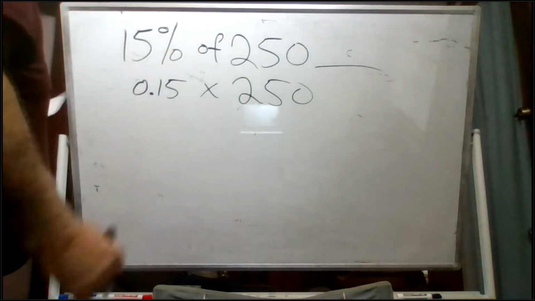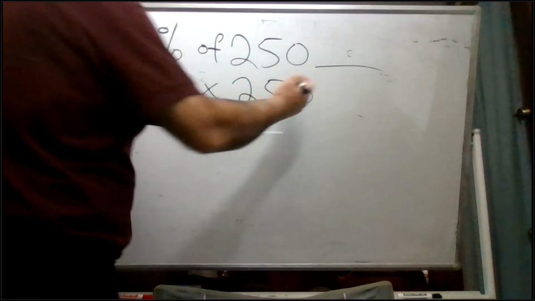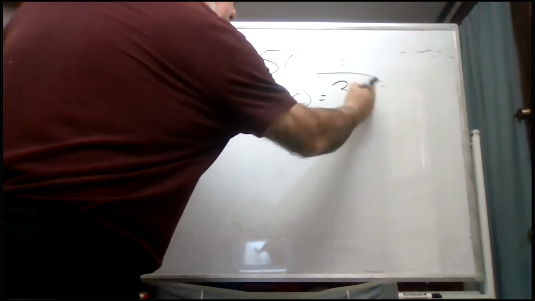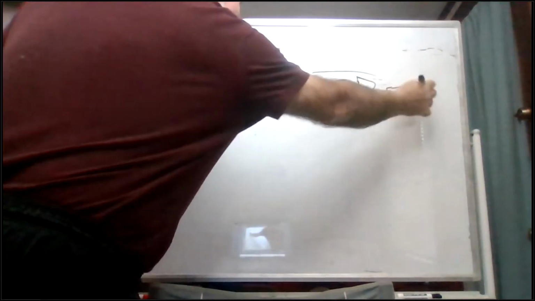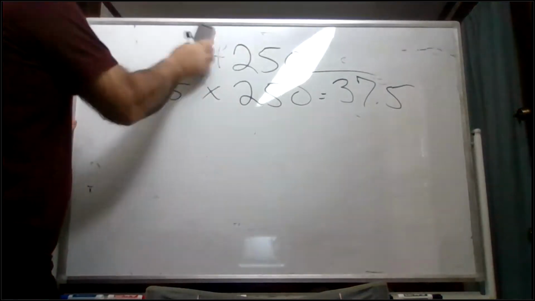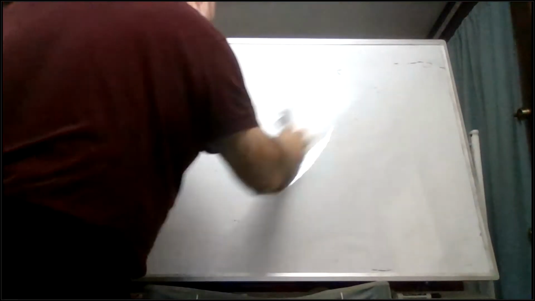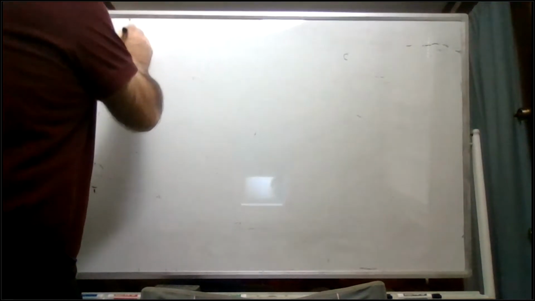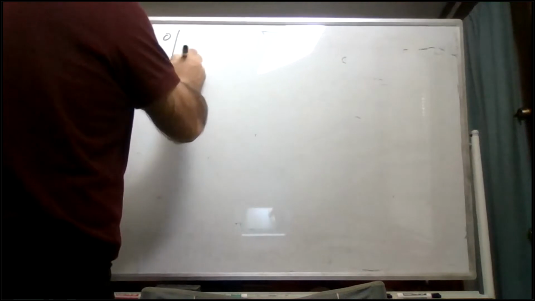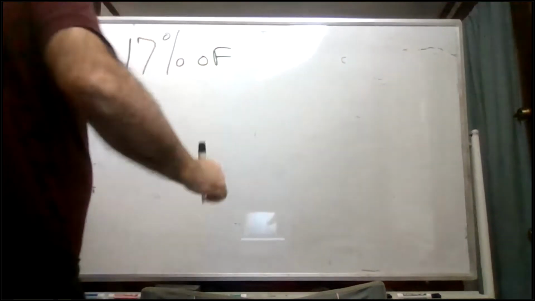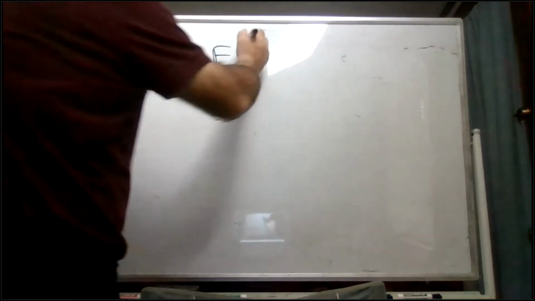For 0.15 times 250, do it on a calculator, it's going to be equal to 37.5, right? 37.5. All right. The next one is 17% of 350, right?